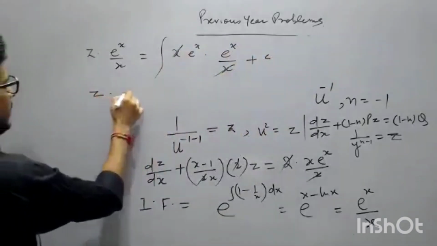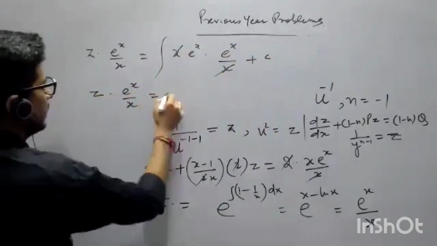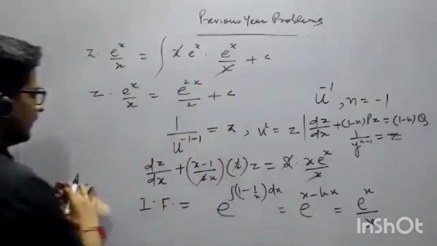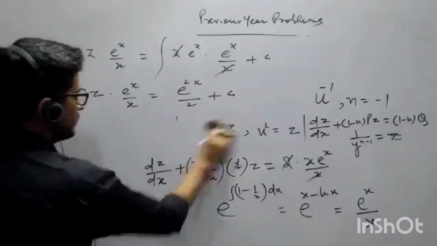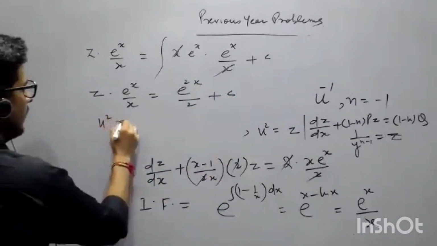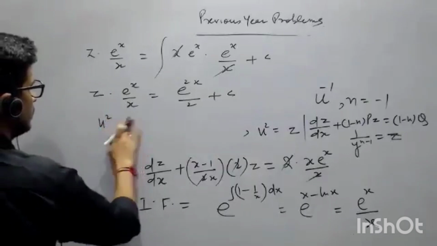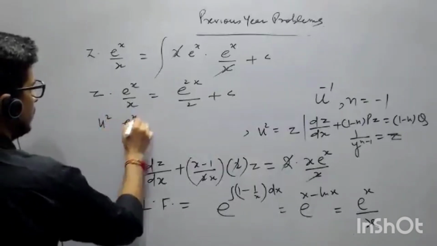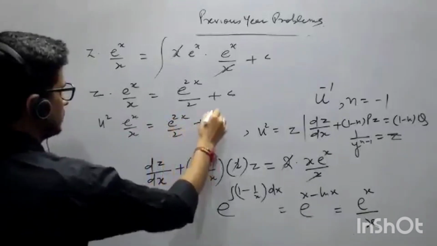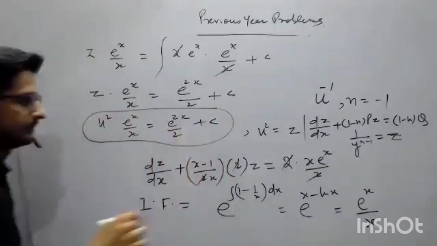So it will become z e to the power x by x is equal to e to the power 2x by 2 plus c. And now it's time to write z also. So u square into e to the power x by x is equal to e to the power 2x by 2 plus c. So this is the answer.